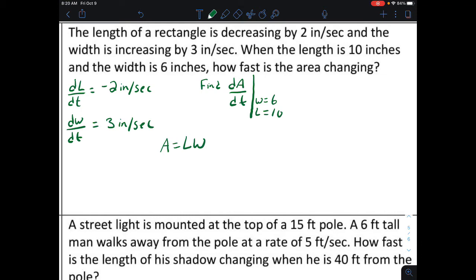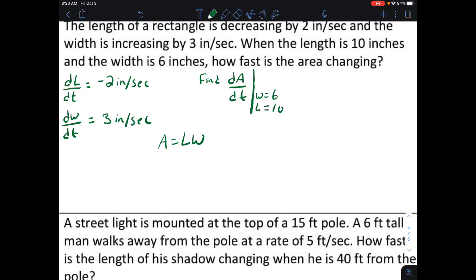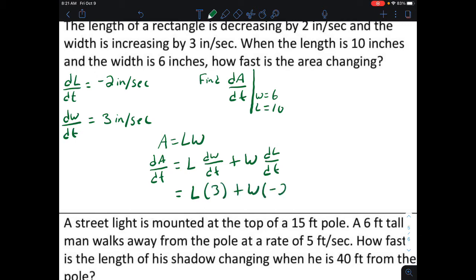We have no values that remain constant the whole time, so we immediately need to take our derivative. So the derivative of my area with respect to time is going to equal, I got to do product rule here, so first times the derivative of the second plus second times the derivative of the first. Now we're ready to plug everything in because we know what dW over dt is, which is 3, and we know what dL over dt is, which is negative 2.